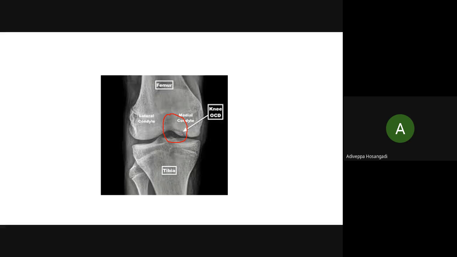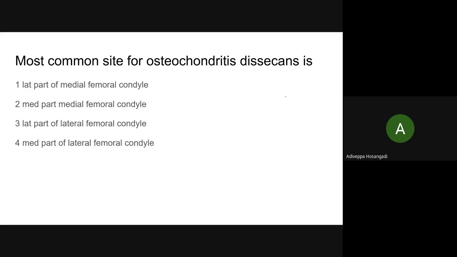And you remember, the lateral surface of the medial condyle is the most common site of OCD, osteochondritis dissecans. Dissecans means it gets dislodged.